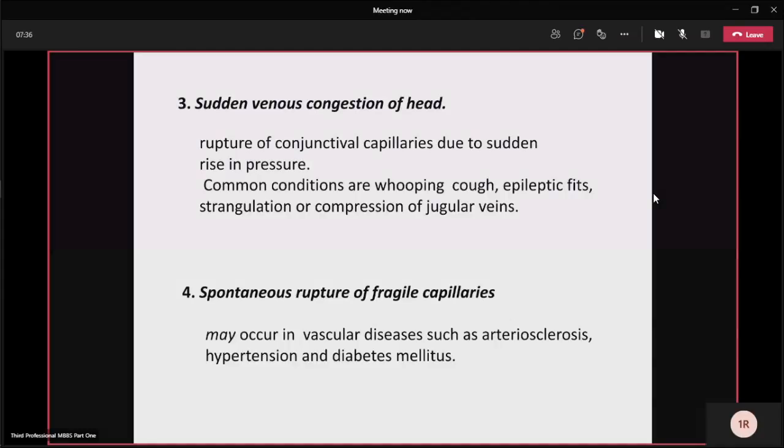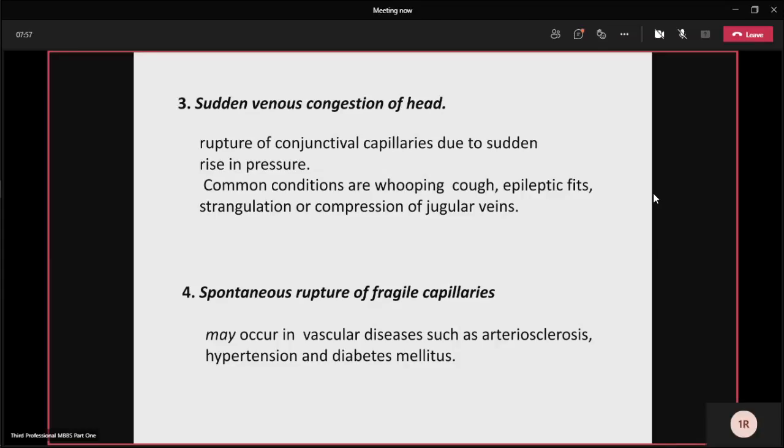A sudden rise in pressure occurs when you are coughing, during epileptic fits, or with strangulation or compression of the jugular vein.